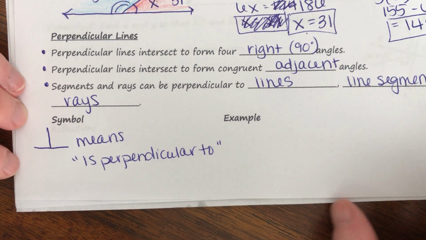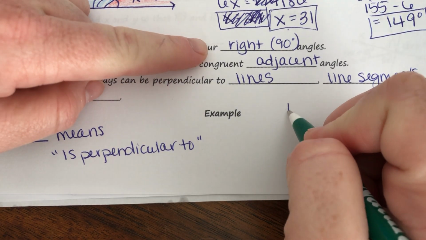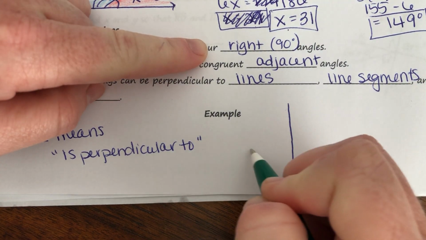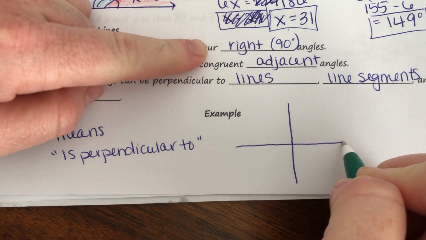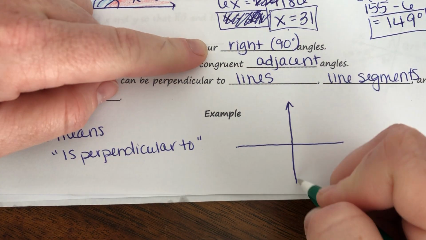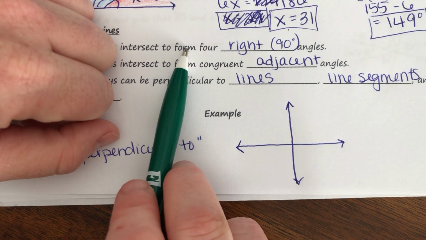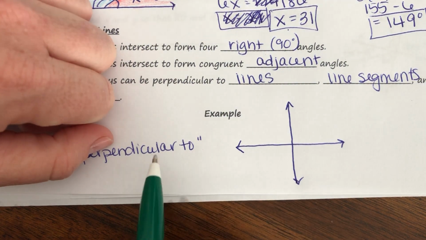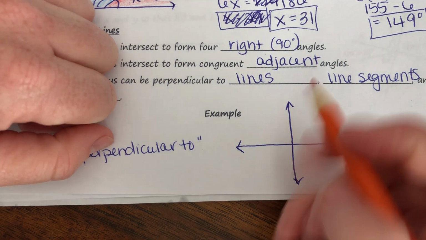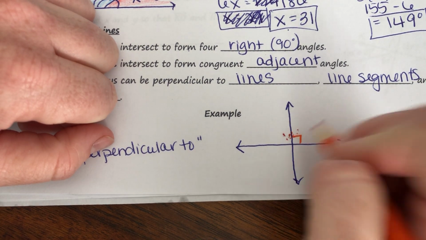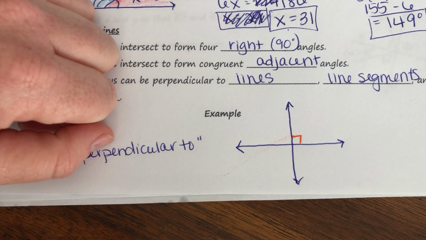Okay, so let's draw an example. Let's say I have this straight line, and then I have this straight line, and they are perpendicular. If they are perpendicular, they form 4 right 90-degree angles, okay? So this angle is 90 degrees.